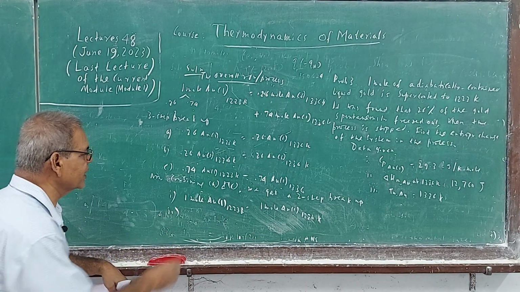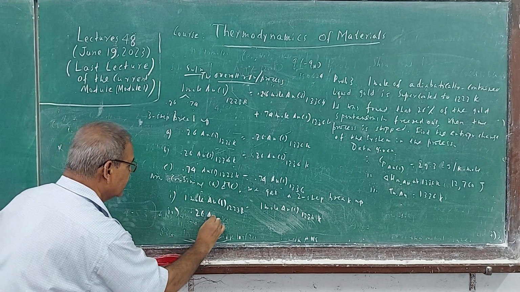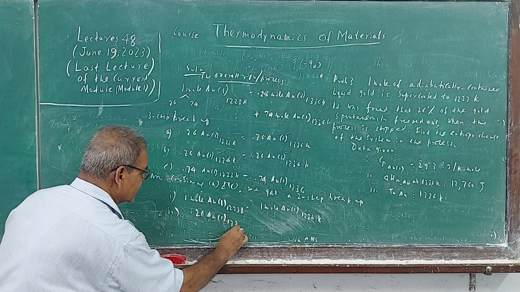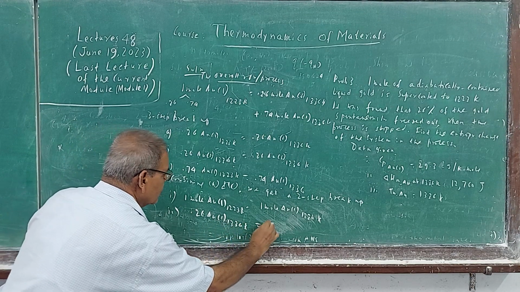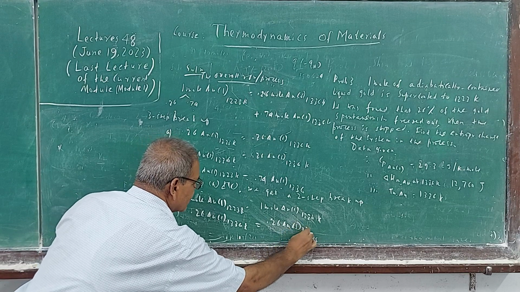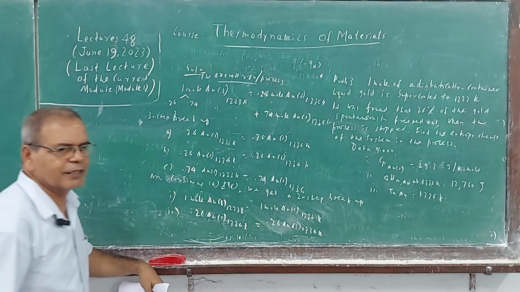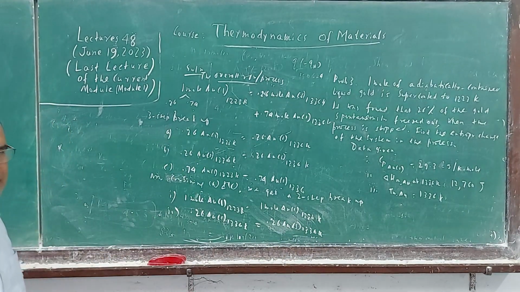And the remaining step B: 0.26 gold liquid at 1336 K goes to 0.26 gold solid at 1336 K. Over these two, you get the delta S.